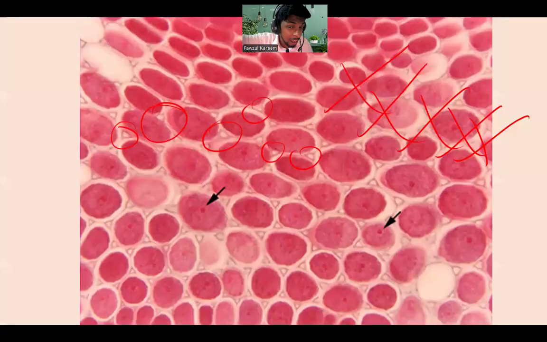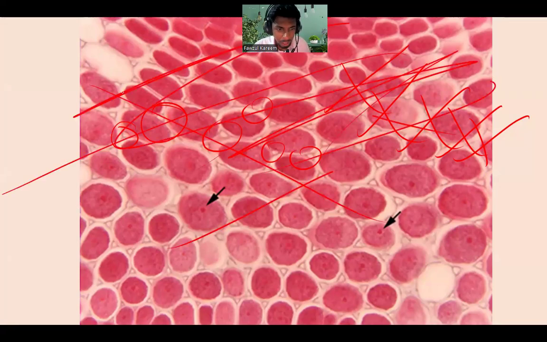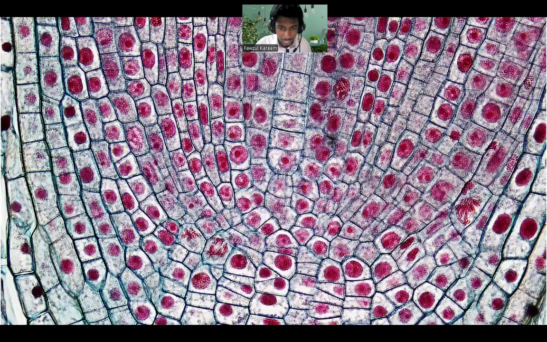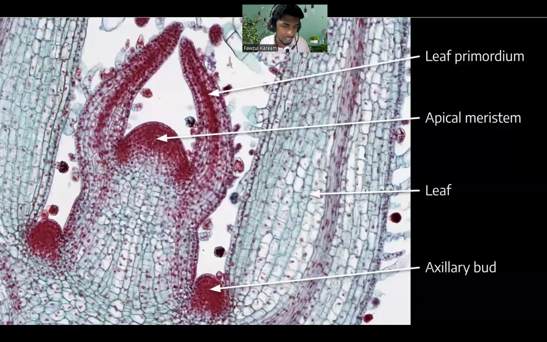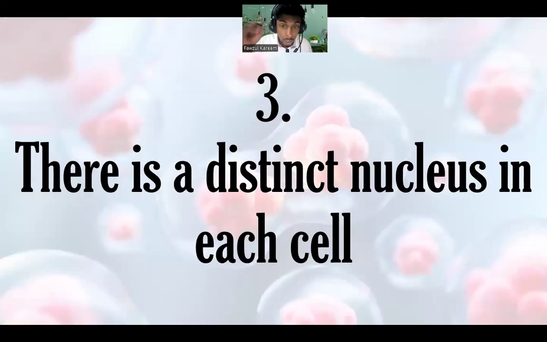Here you can see some intercellular spaces; this is not the meristematic tissue. This is the meristematic tissue. Just to explain what intercellular space is, I have placed the image. Can you see any spaces here? No, all the cells are packed very tightly. They don't have any intercellular spaces. So now you know the feature, that they don't have intercellular spaces.